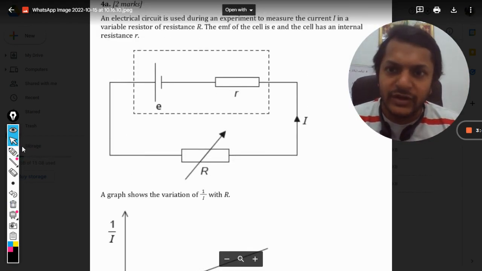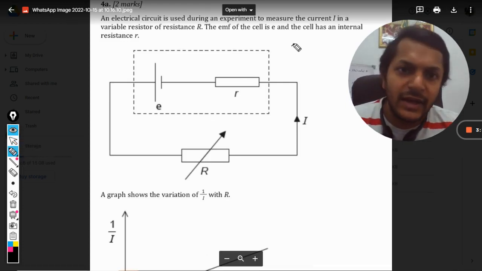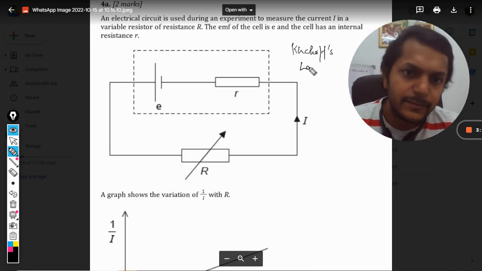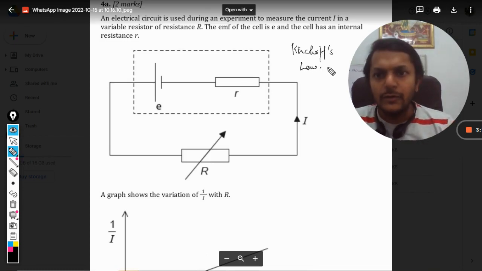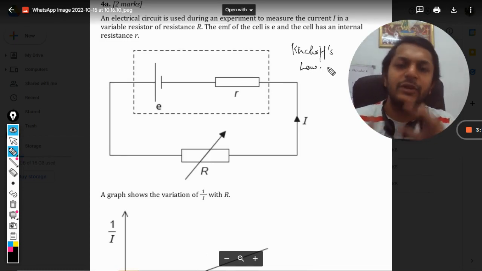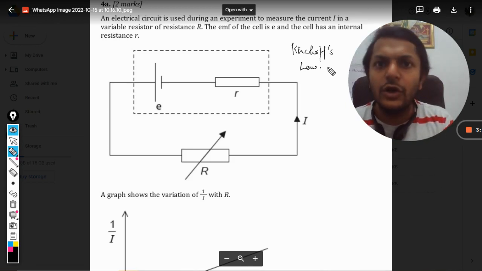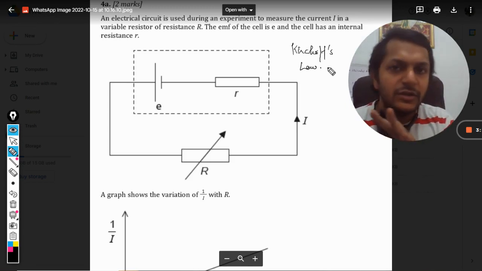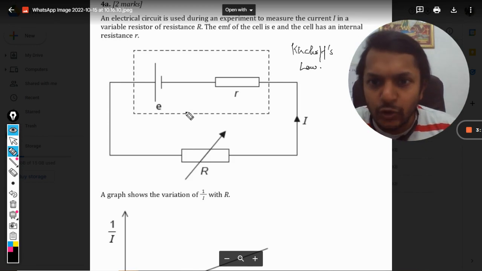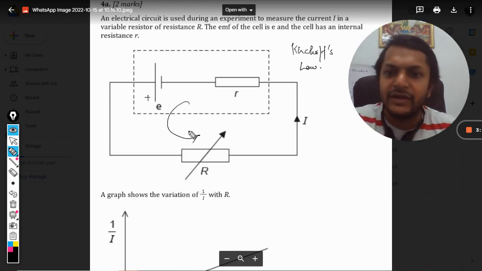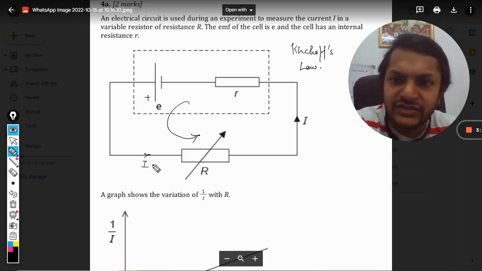So coming back to our diagram, we will apply Kirchhoff's law here. I believe that you people know how to apply Kirchhoff's law. If you have a problem here, please do let me know. So this is the loop and I have chosen this direction. We will start from the positive end of the battery. The current is moving in this direction.